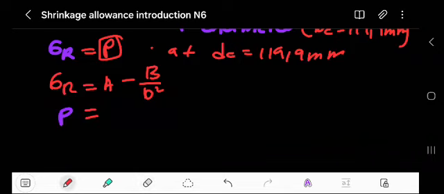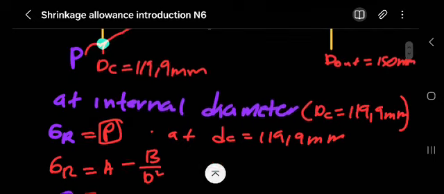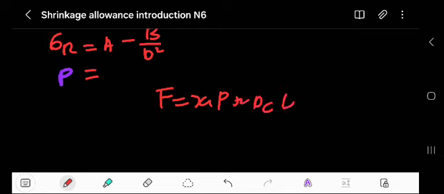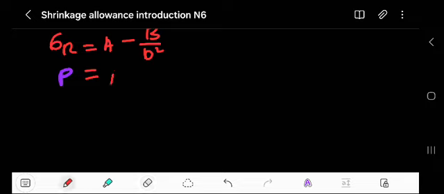We are forced, because of the formula that we know, that the force is equal to the coefficient of friction multiplied by pressure times pi d c l. We have to know it. So A we don't know, minus B over the diameter squared, which is 0.1199 squared.